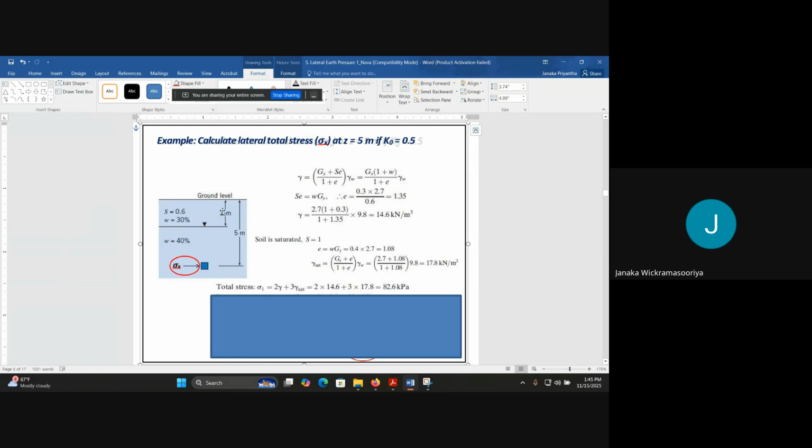Gamma would be this 14.6, so 14.6 times h should be 2 times 14.6 plus 3 times gamma saturated. So you will get the total stress as 82.6 at this particular point. That is the total vertical stress, right?